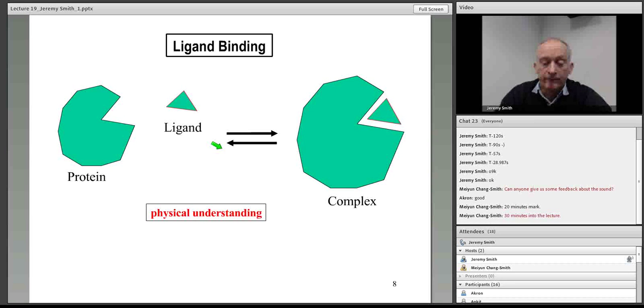Let's move on now to something of practical use. That's ligand binding. Now, we know in biology that we have big molecules and small molecules. The small molecules often bind to the big molecules. And how this happens, why this happens, when this happens, and the forces behind it are of fundamental interest to biologists.